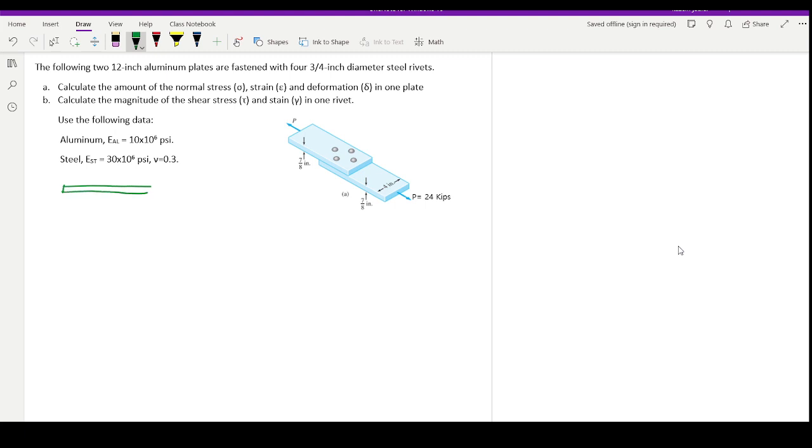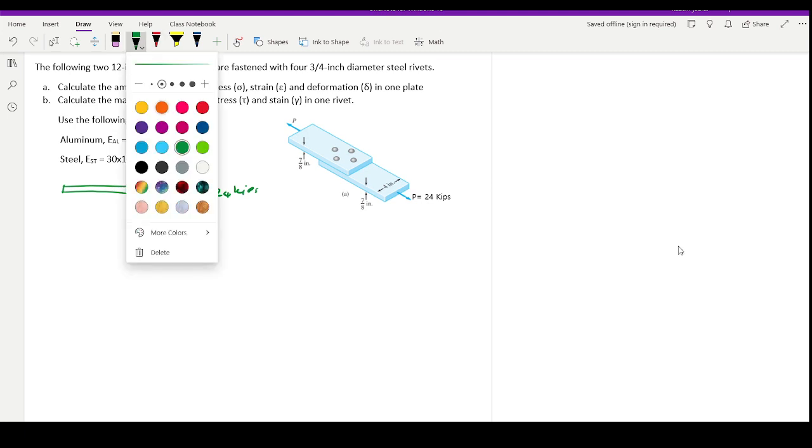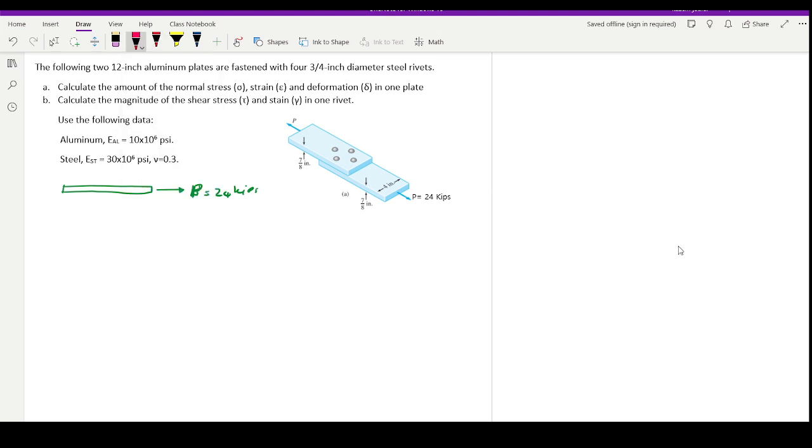We have two plates which are under normal stress because we have P acting in here, which is 24 kips, and under this P obviously this plate is going to deform, and we are looking to find this deformation.